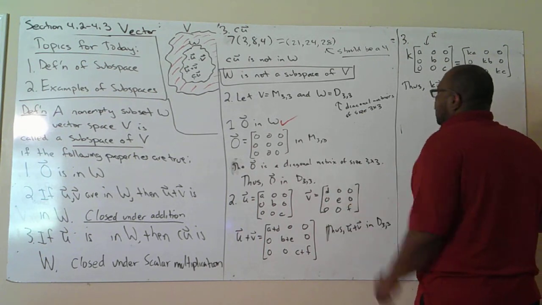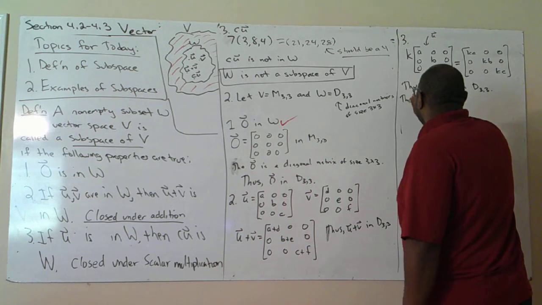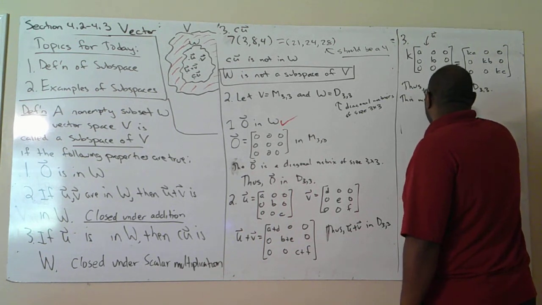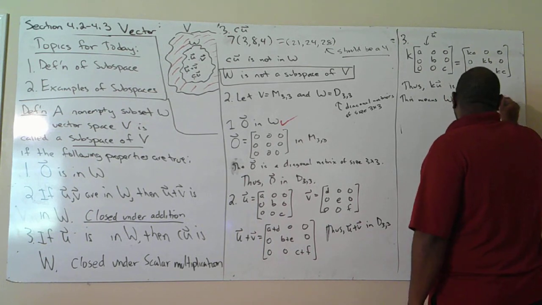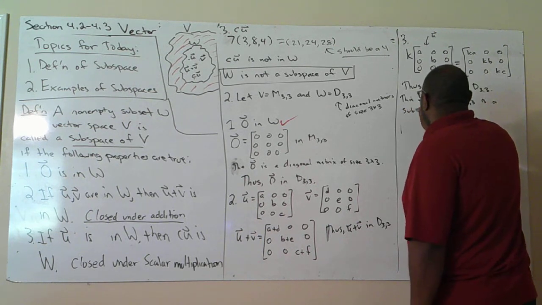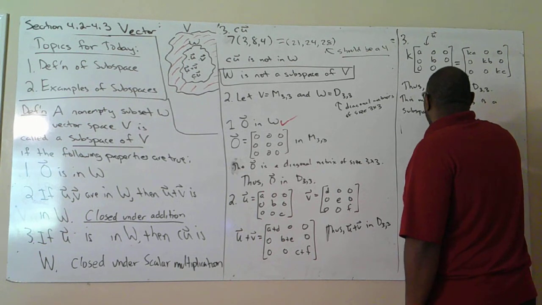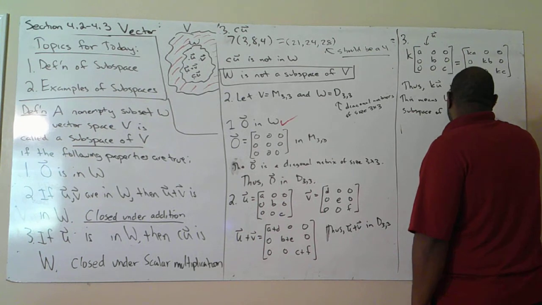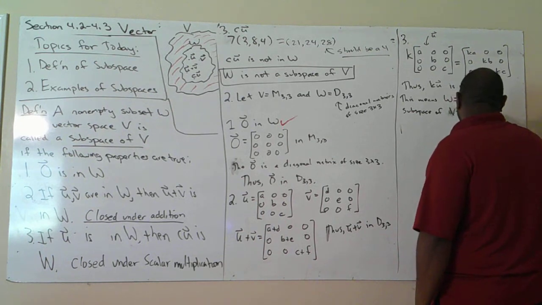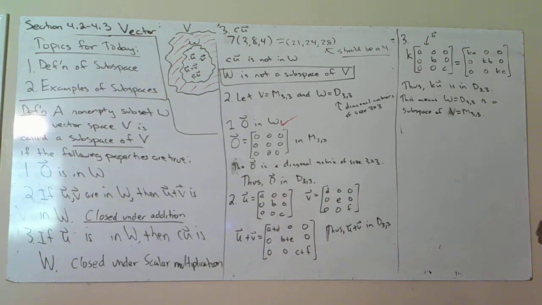That means that D33 is a subspace of M33, matrices of size 3 by 3. So there we go.